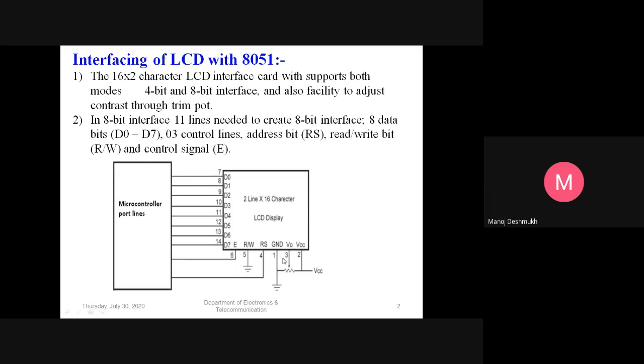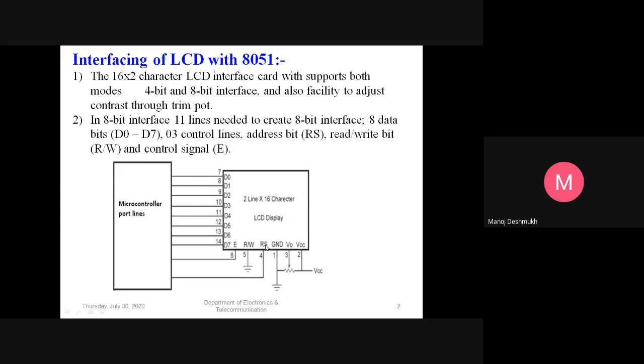After these 3 supply and brightness connections, these 3 control signals are there: RS, RW and enable. These 3 are most important: RS is register select, RW is read write operation, and E or EN. Sometimes it is mentioned as EN, which is nothing but enable. RS is used for selection of the register, that is for command mode as well as data mode.